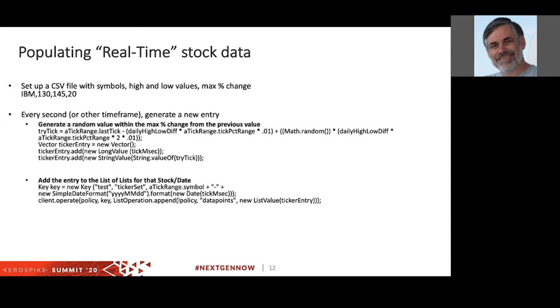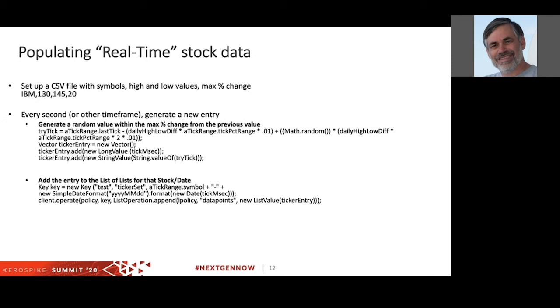Now, to store the data point, we're not bringing the entire record down with a potentially large list and then adding an entry and sending the entire record back up to the server. We're using the list operation here, and that, as described earlier, takes advantage of operations. List operation to append a single list value, which is composed of the ticker, the timestamp and the value, the price of that stock.